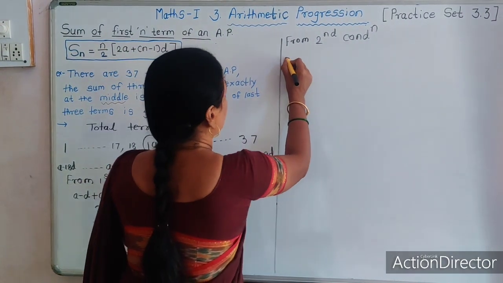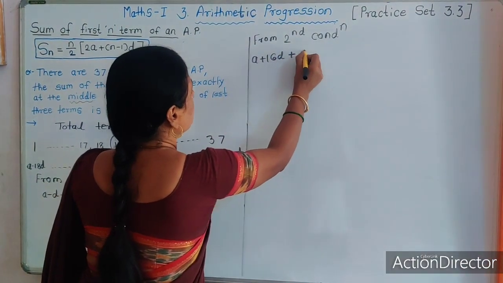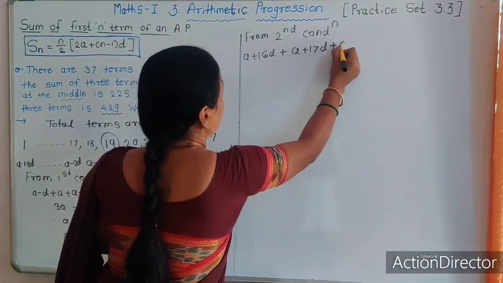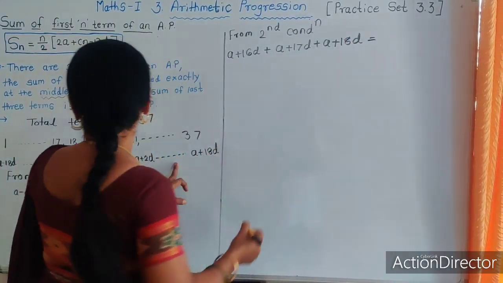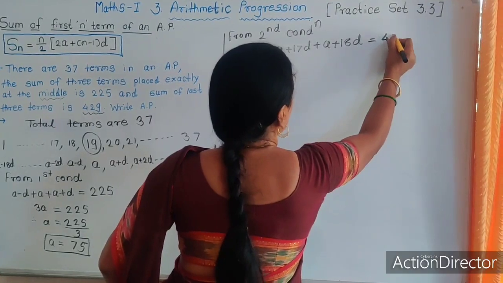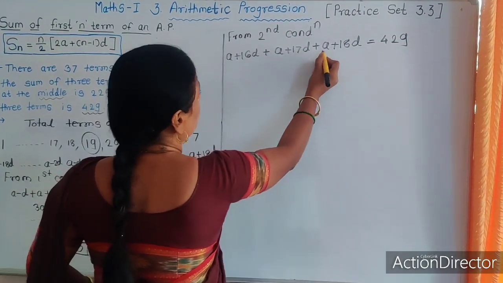Therefore, from the second condition, A plus 16D plus A plus 17D plus A plus 18D is equal to 429. Look here, A plus A plus A.